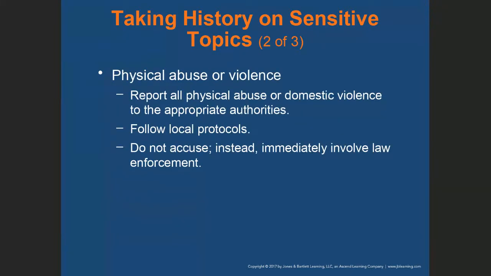Then you have physical abuse or violence. Report all physical abuse or domestic violence to the appropriate authorities. Follow local protocol. Do not accuse. Instead, immediately involve law enforcement. So in the States, once the patient says yes, I was abused, you have to get law enforcement involved.